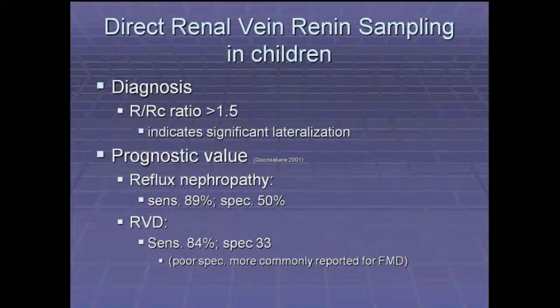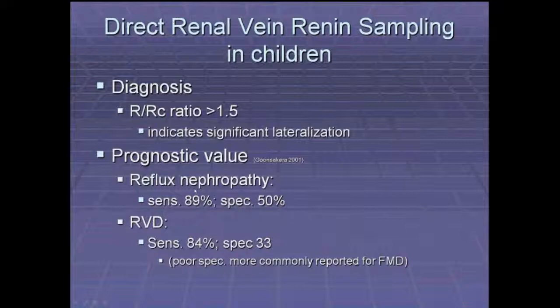So, other diagnostic tests for hypertension in children. When I do an angiogram on a child, if I don't find renal artery stenosis, I'll proceed on to renal vein sampling just to make sure that we've covered every base, right? So the diagnosis of lateralization in children when we do renal vein sampling is a difference in ratio of one side to the other greater than 1.5 indicates significant lateralization.